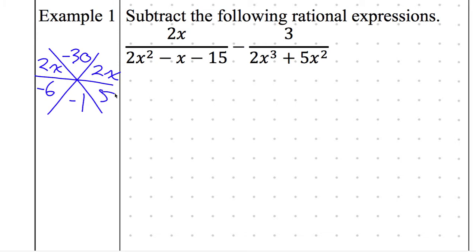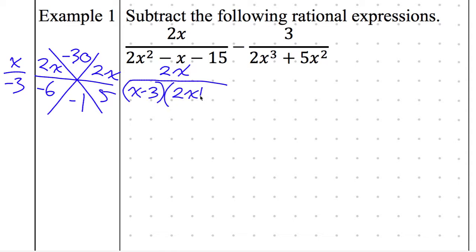All right, and then reduce the fraction. Can't reduce the right fraction, can reduce the left fraction to x and negative 3. So this now factors to, we'll leave it as 2x on the top, and we have x minus 3 times 2x plus 5. And then that's going to be subtracting.